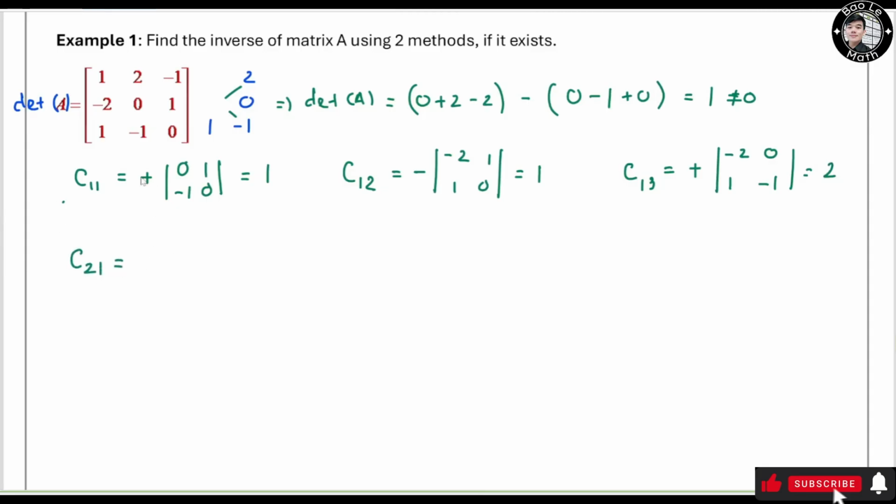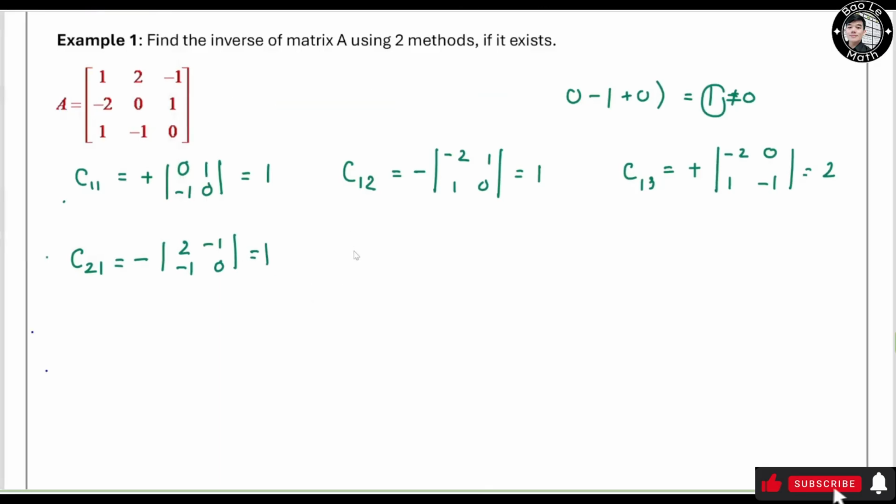C21 is going to be, this is plus, this side must be minus. So C21, which means second row, first column, is right here. So cross out this guy. You have 2, -1, and -1, 0. So it's going to be 2 times 0 is 0, subtract 1, so it's -1, and you have the negative sign over here, so it becomes 1.